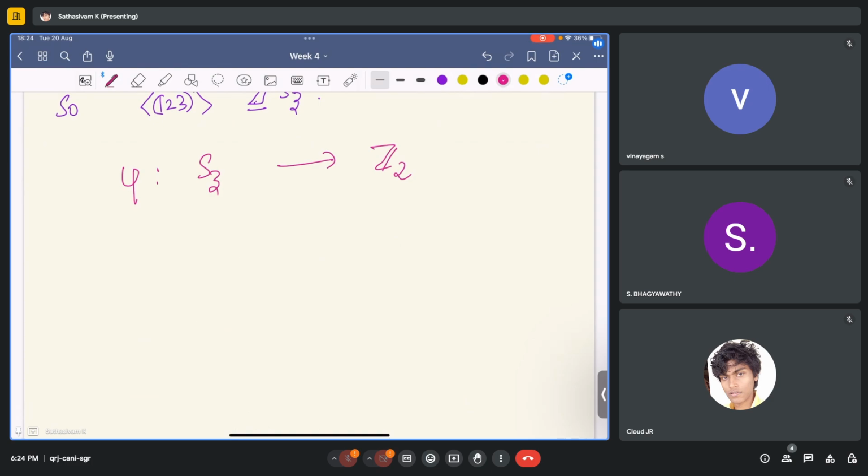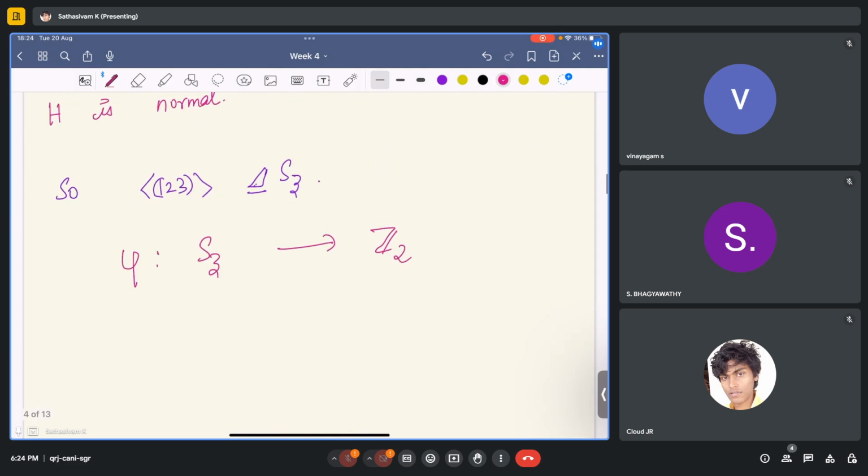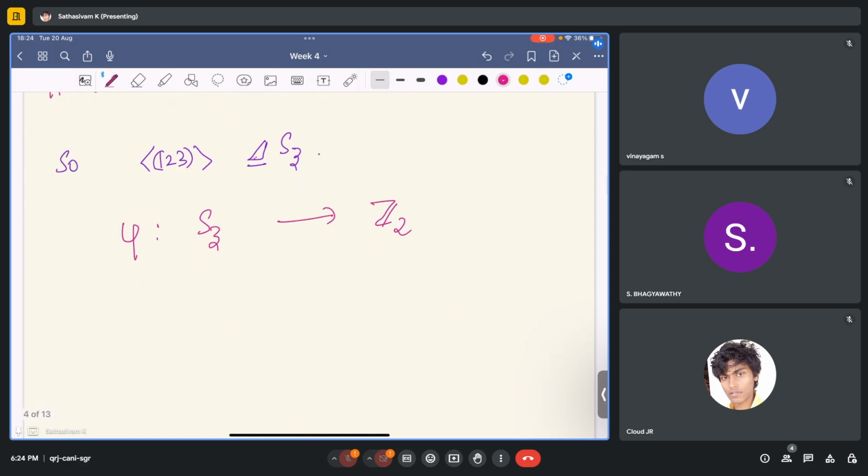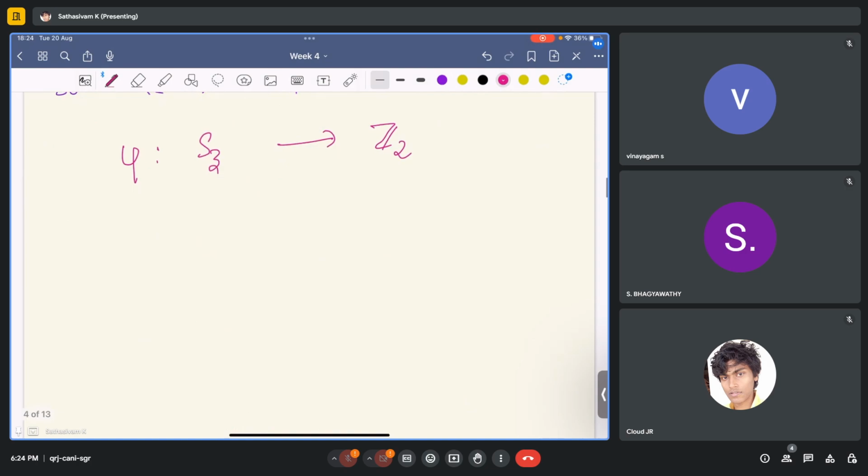Just wondering whether I have to give a map or whether there may be a better way to do it. One can give a map and do it, but there may be a better way. Okay, anyway, I will just give a map directly. So the identity, which I probably call E, maps to 0. Okay.